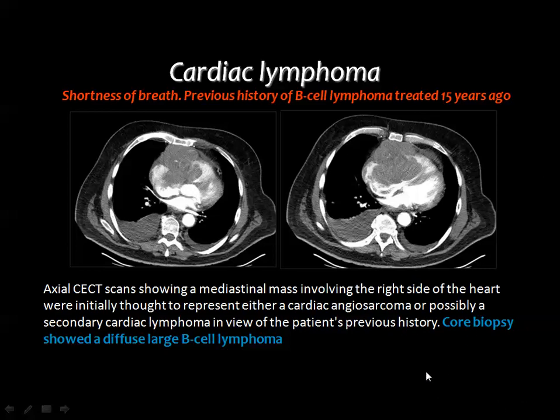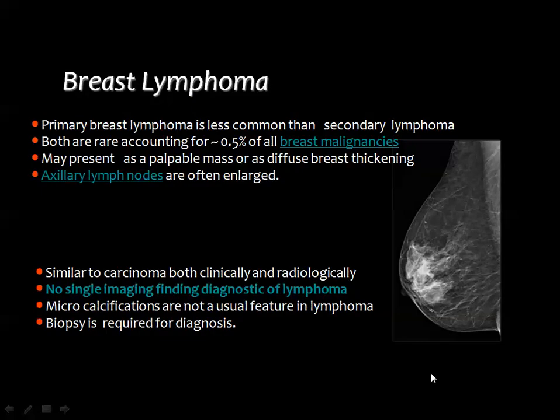And breast lymphoma, the primary type is less common than secondary, of course, and both breast lymphomas, primary type and secondary type, are rare, representing less than 1% of all breast malignancies, and may present as palpable masses or diffuse breast thickening. Enlargement of the axillary lymph nodes is often present.